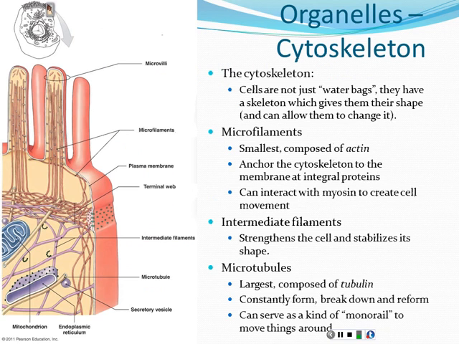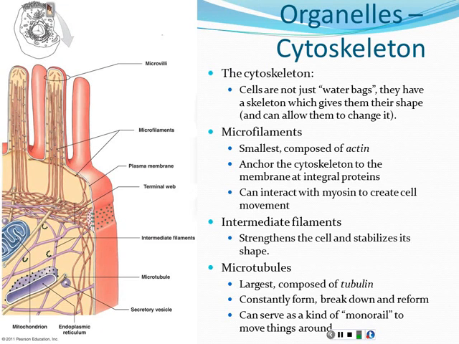All right. A lot of times we think of cells as these bags of water, these complicated balloon-like things that you could push on and they would just change shape however you want. But the truth is they have a skeleton, just like we as human beings have a skeleton. And it's made of different kinds of filaments and parts.